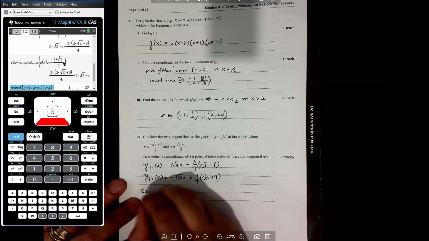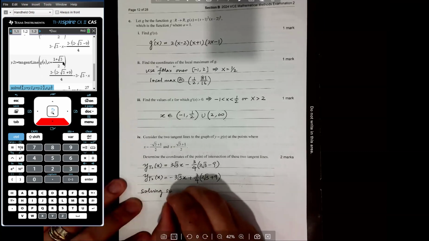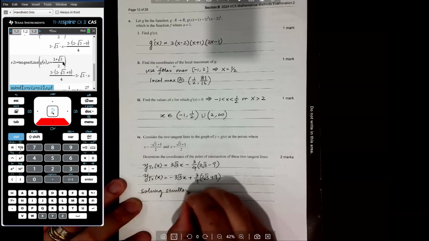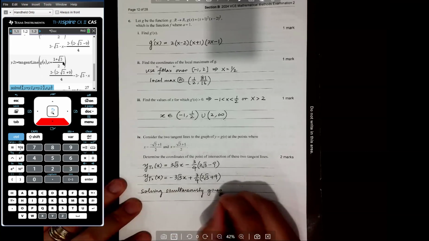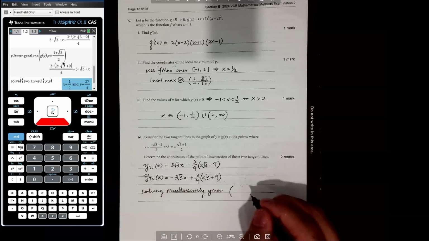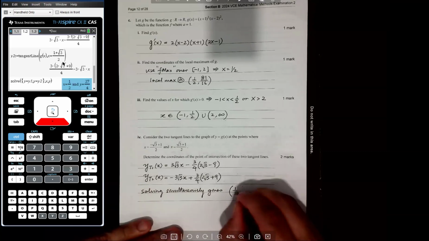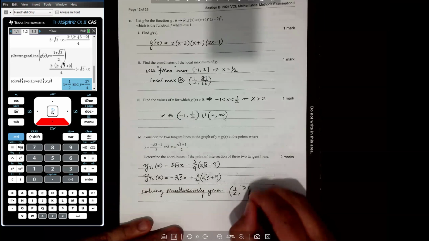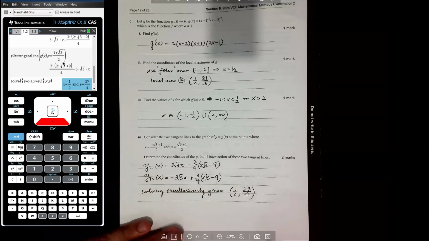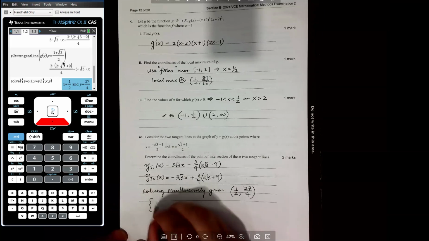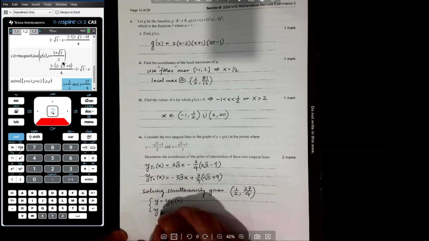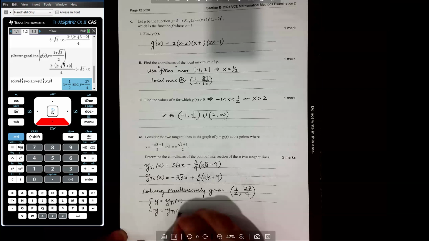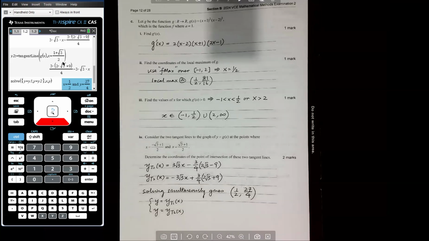And you say solving simultaneously gives x equals half, y equals 27 over 4. Okay? All right, so that's what you need to write down.